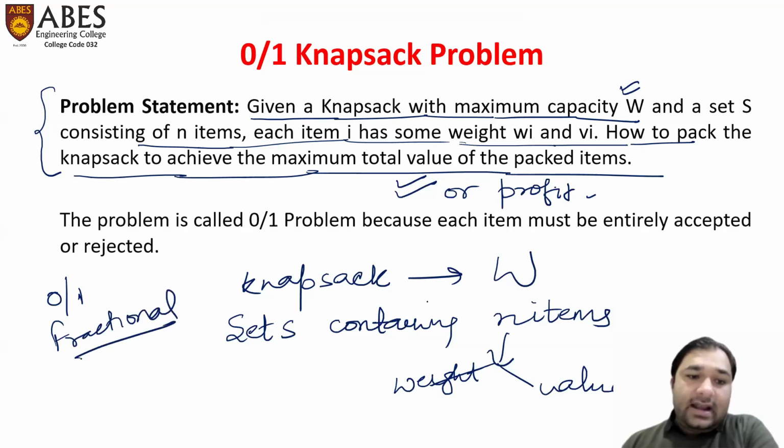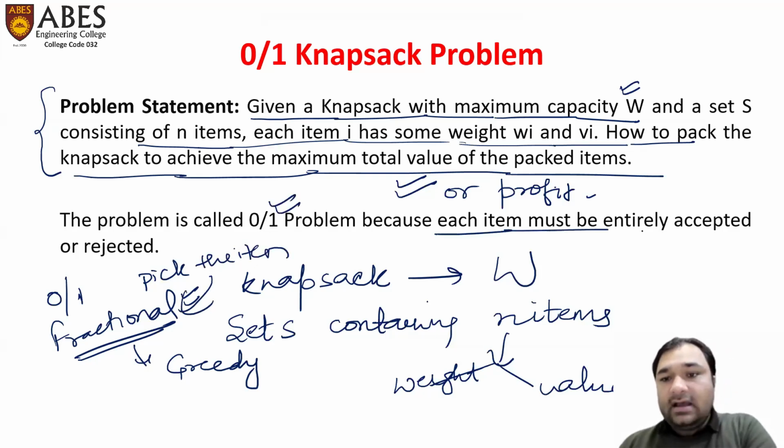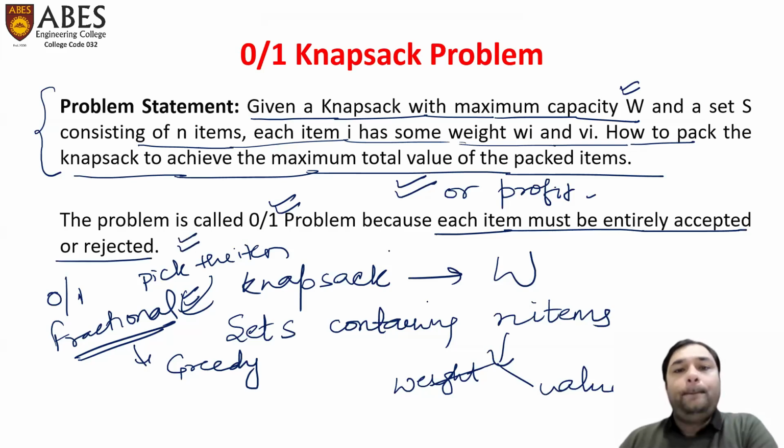Fractional knapsack is basically a greedy approach, where we pick the item in the fractional part as well. But in 0/1 knapsack, we either pick the item, accept it, or we reject the item.